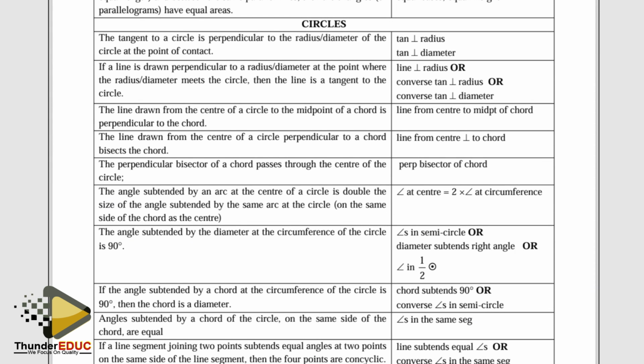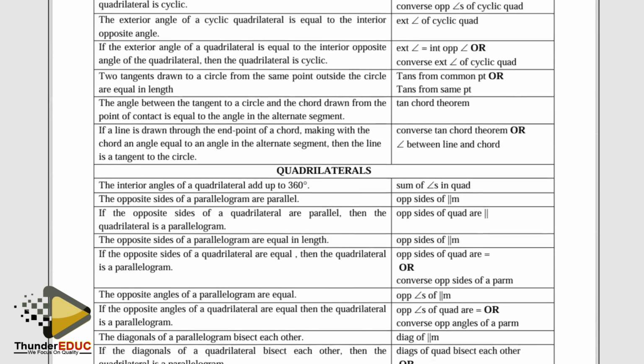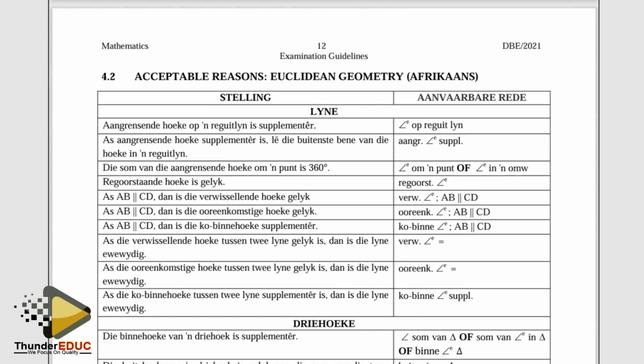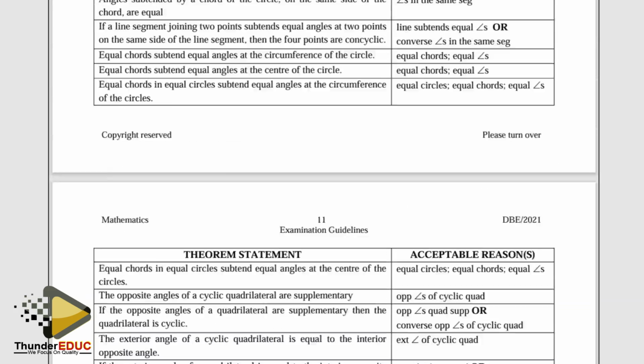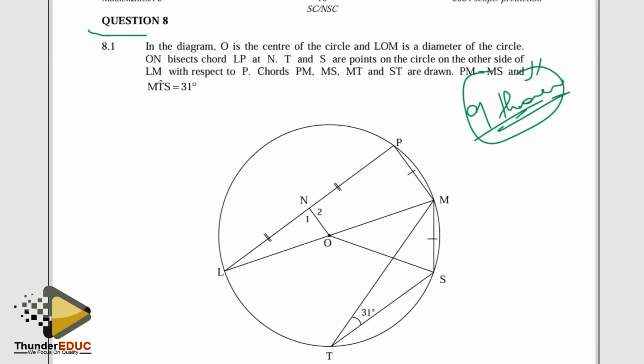You can abbreviate them the way they have written them here. And then the quadrilaterals, this is all we have. Let's move on now to the application of the questions themselves.